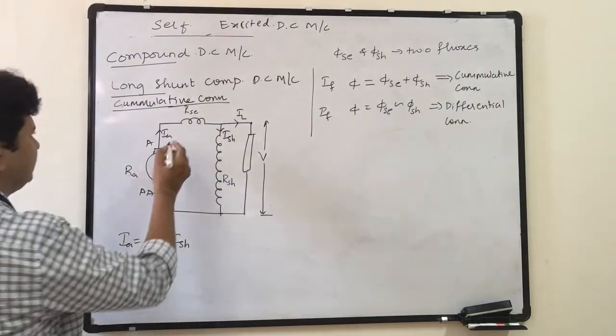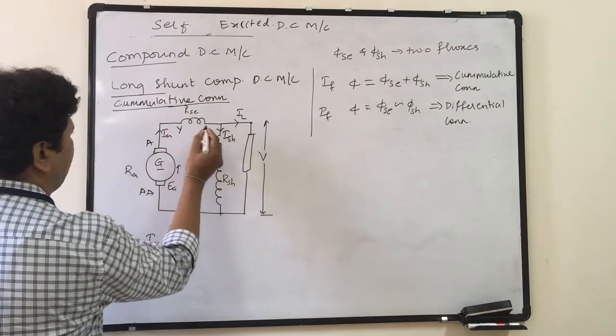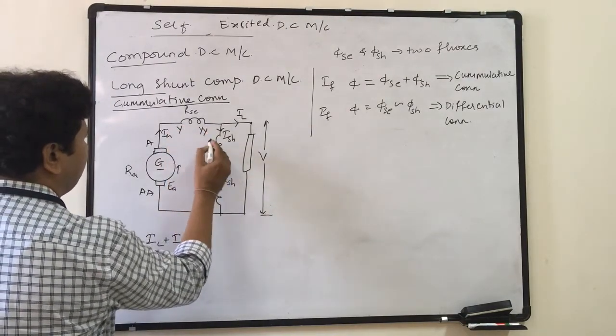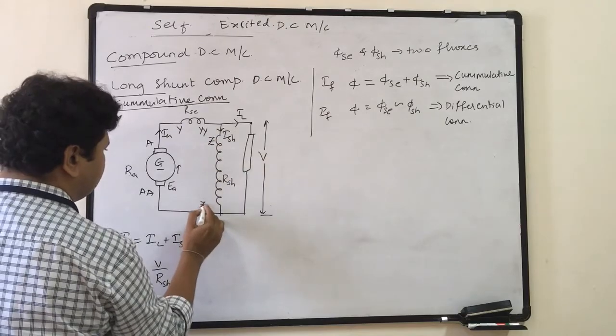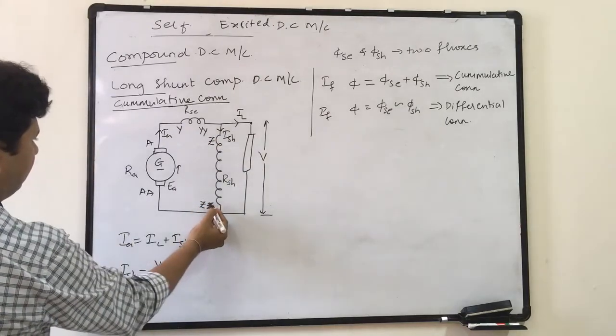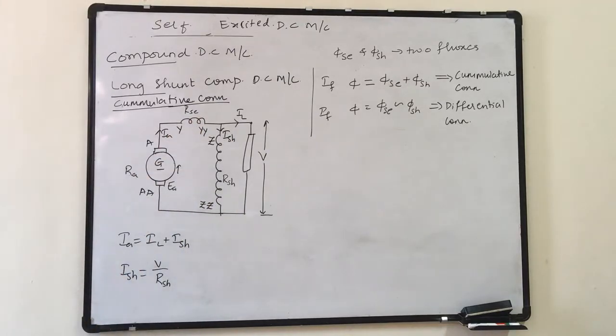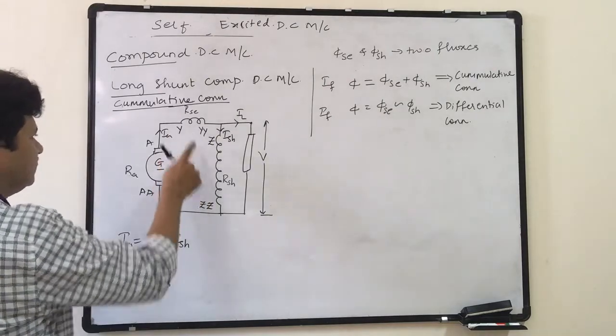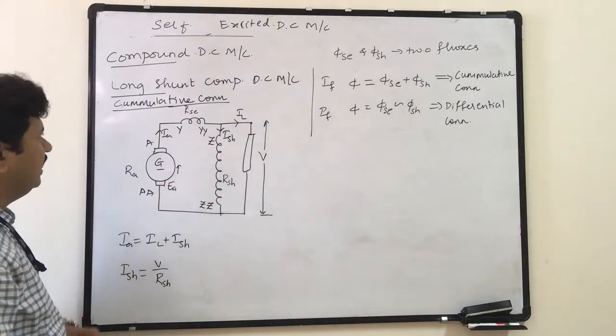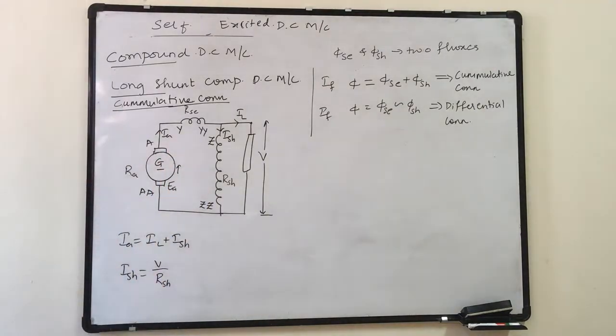That can be achieved by providing, let this be Y and YY, let this be Z and ZZ, such that if the positive terminal of the shunt field is connected to the negative terminal in parallel to a node, then both the fluxes will add up. Then it will provide a cumulative connection.